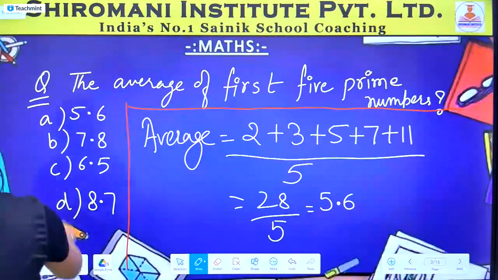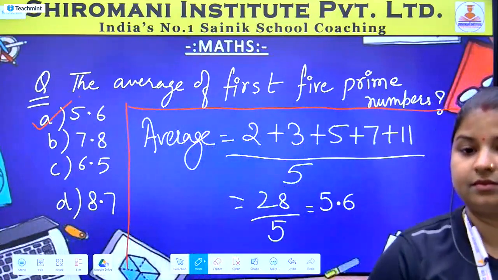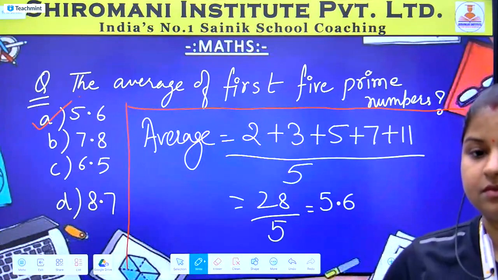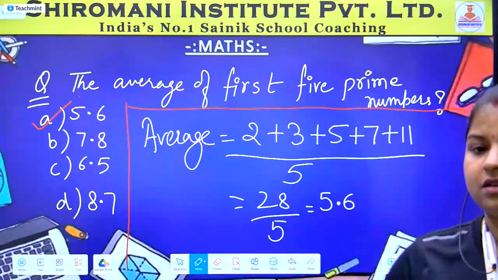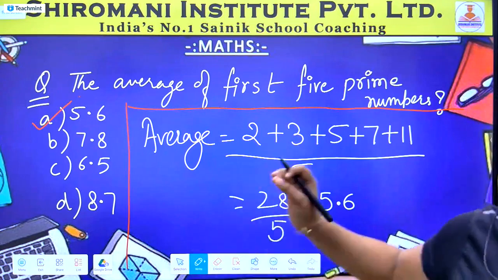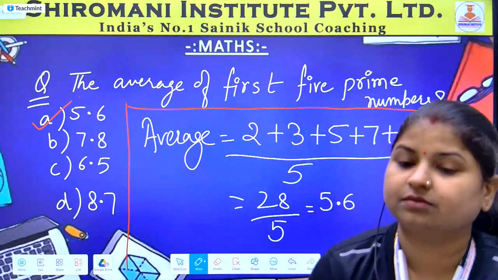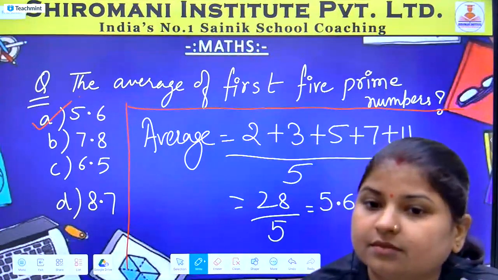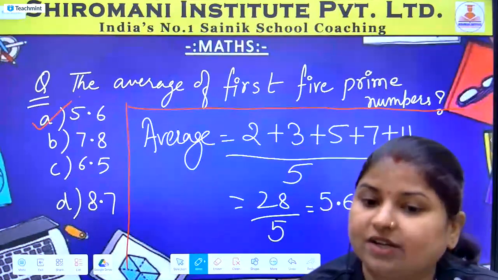That's option A. What happens, Ashri? We should take only 5 numbers, ma'am. What is the formula of average, Ashri, that I taught you?